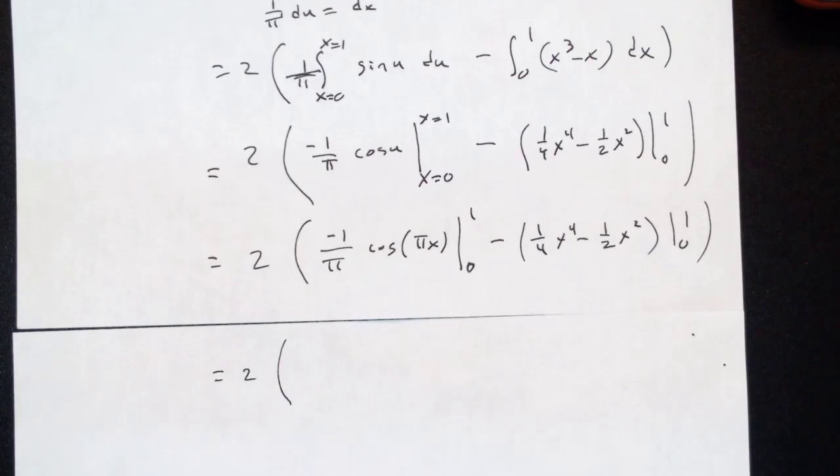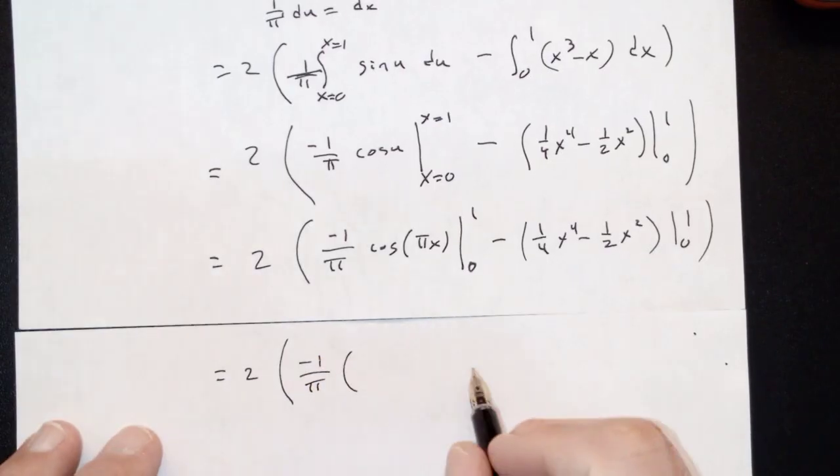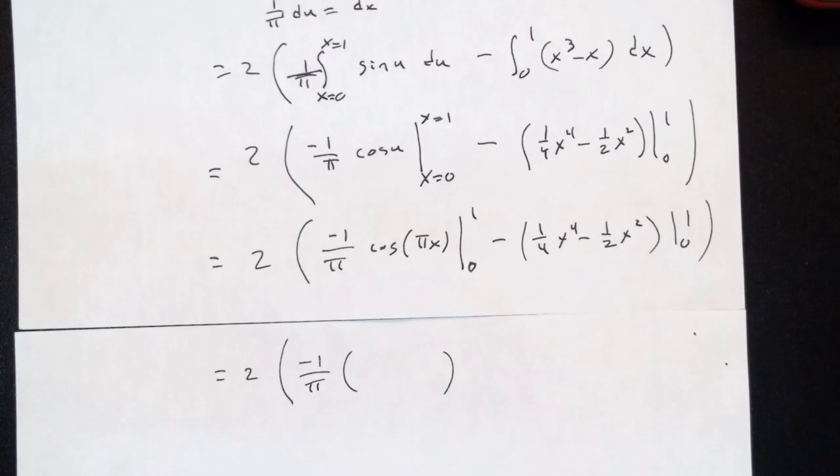Cosine of pi. What is cosine of pi? Cosine of pi is -1.